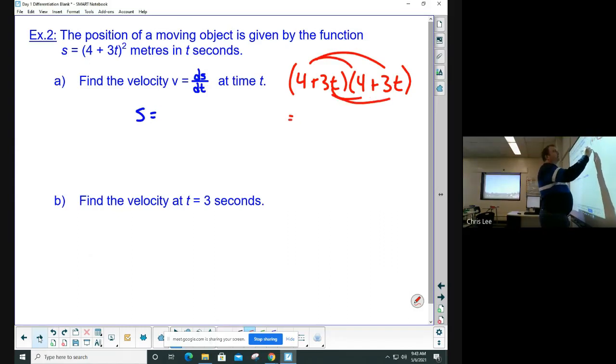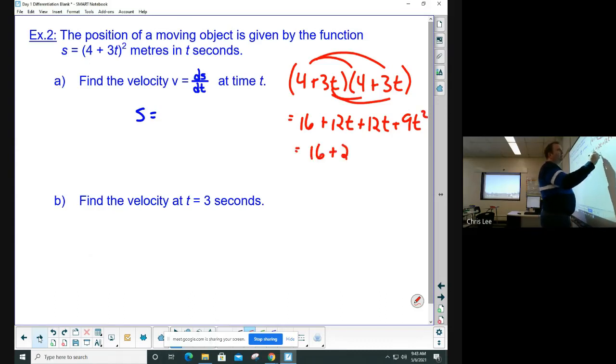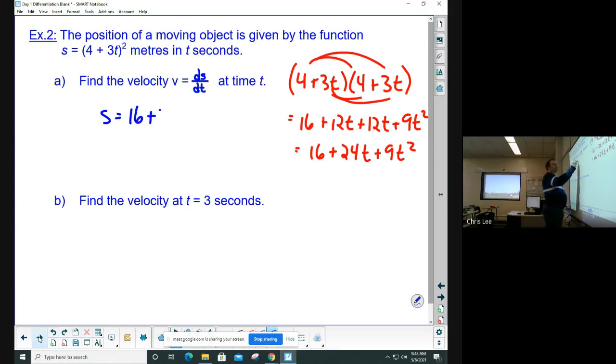So this is 16 plus 12t plus 12t plus 9t squared. And so 16 plus 24t plus 9t squared. So I have made my position function into a trinomial.